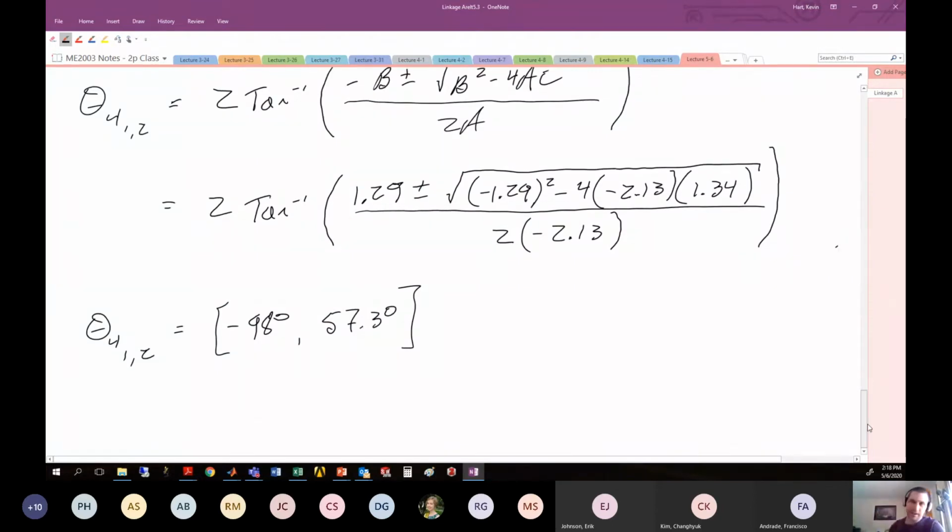Not quite clear exactly which one is going to be the open configuration and which one's going to be the crossed configuration, but I've looked ahead and I'll tell you that the negative 98 will be the crossed and the 57.3 will be open. You can sort of see why that would be. Remember, the angle of theta 4 is associated with the link on the far right-hand side. So negative 98 degrees would probably indicate a crossed configuration, and 57.3 degrees would probably indicate an open configuration.